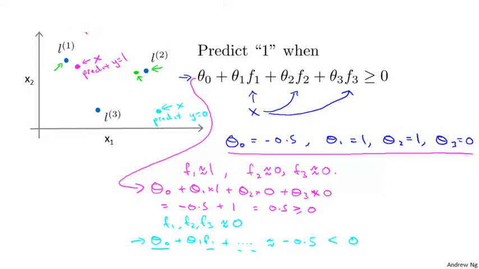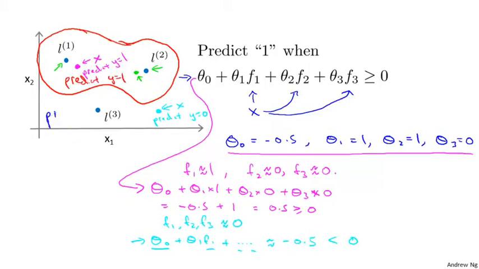So the decision boundary of this hypothesis will end up looking something like this, where inside this red decision boundary, we predict y equals 1, and outside we predict y equals 0.